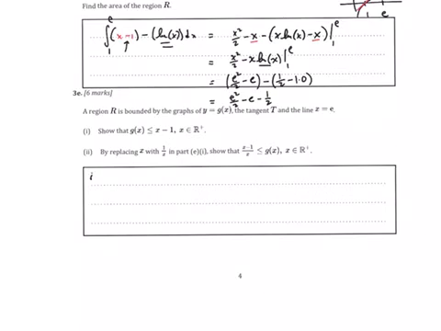So part 1, let's see if we can sketch this. It's asking us to show that g of x is less than our tangent line, which was y equals x minus 1.